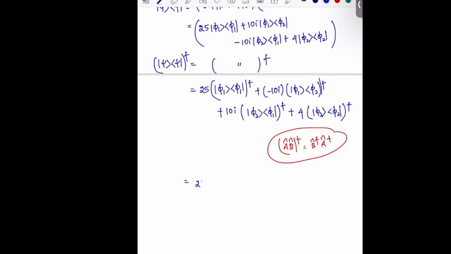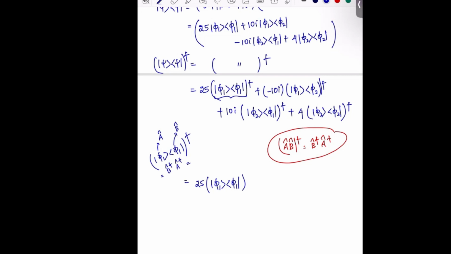So now you can write the dagger of the product. If you take the first as A and the second as B, it will be B dagger A dagger.